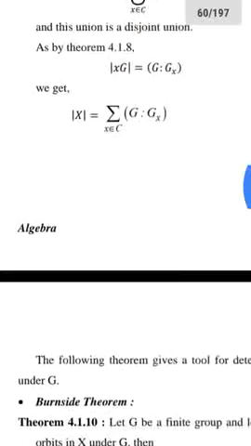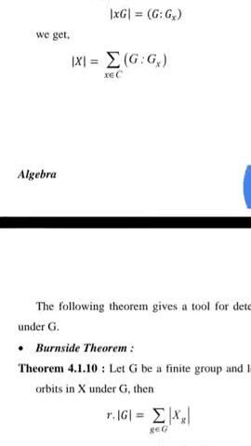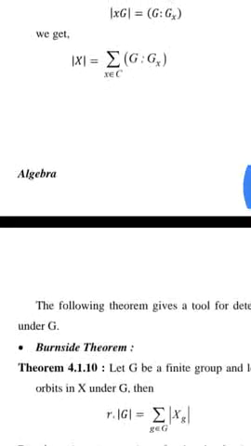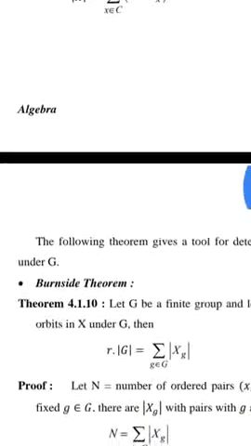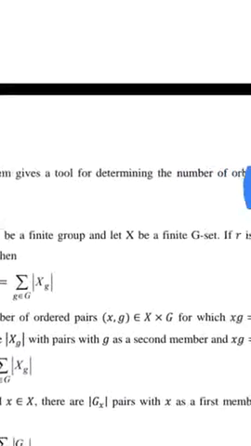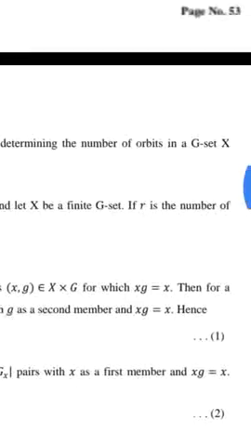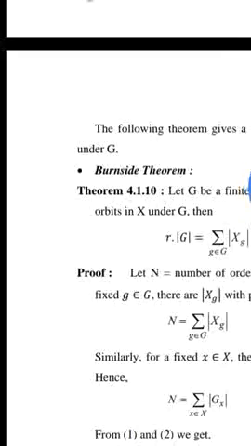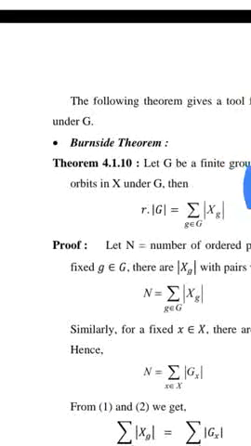Therefore |X_g| is equal to the index of G_x in G, and therefore |X| is equal to the summation of the index of G_x in G. This follows as a tool for determining the number of orbits in a G-set X under G.